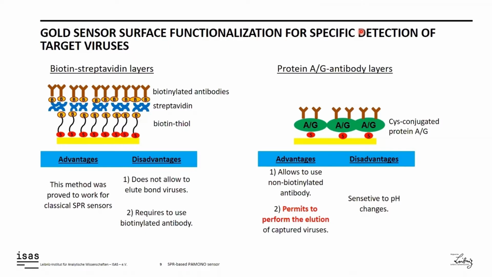Only two of them are presented on this slide, and I would like to concentrate on the right one, when we use protein AG coating of the gold sensor, followed by a coating of anti-target antiviral antibodies. Thus, the specificity of our detection strongly depends on the specificity of the antibody which we use.